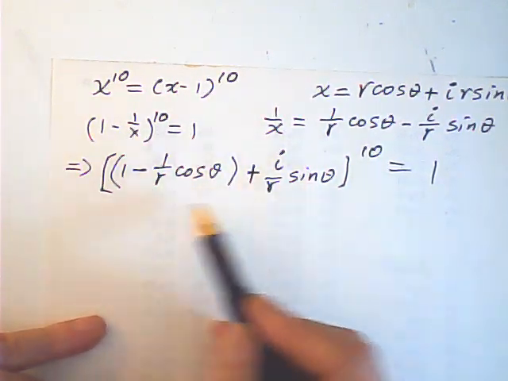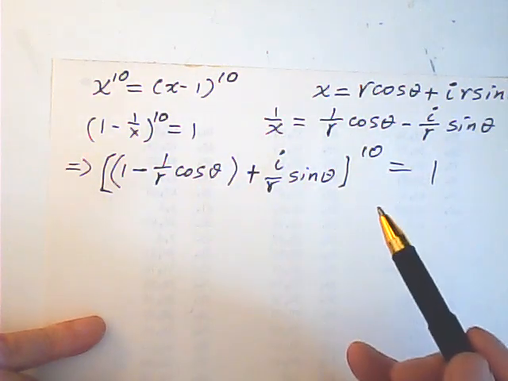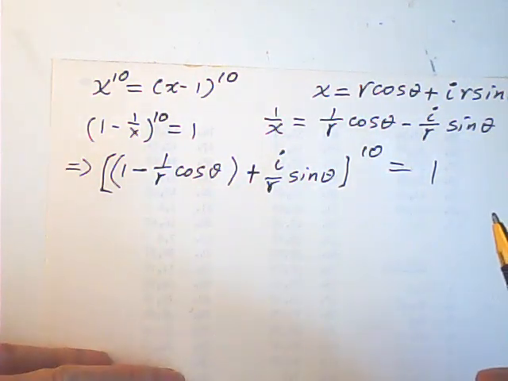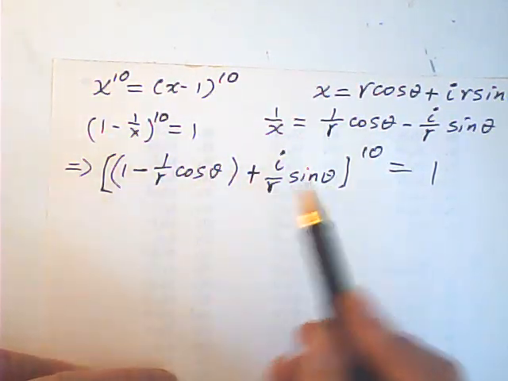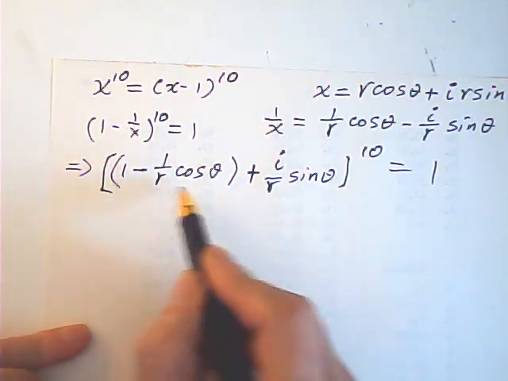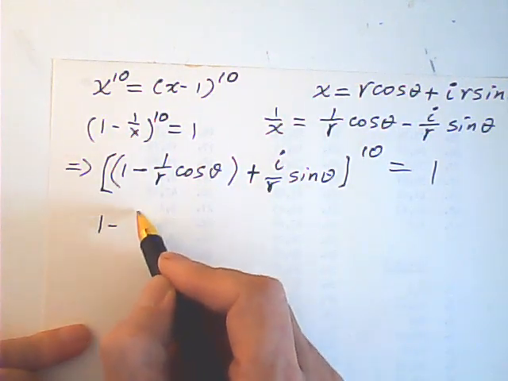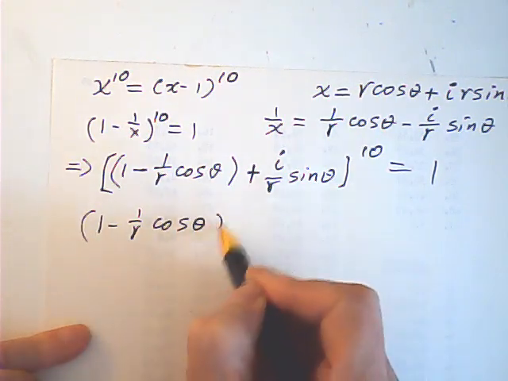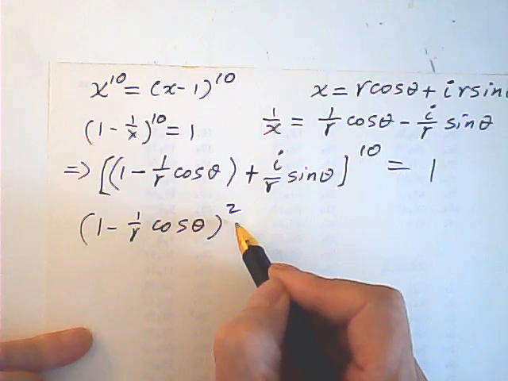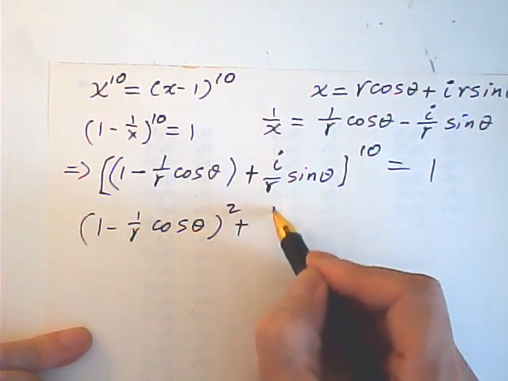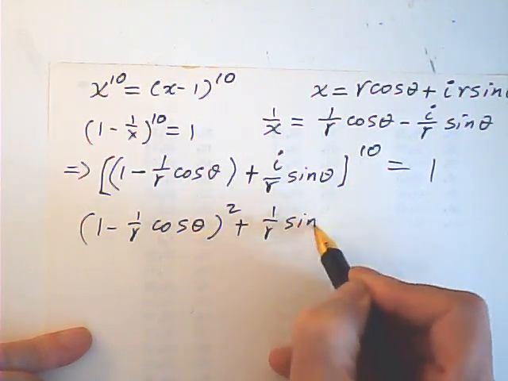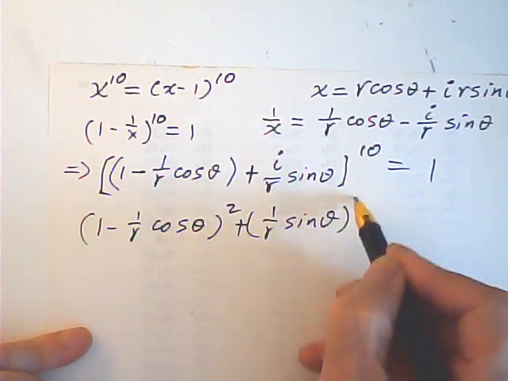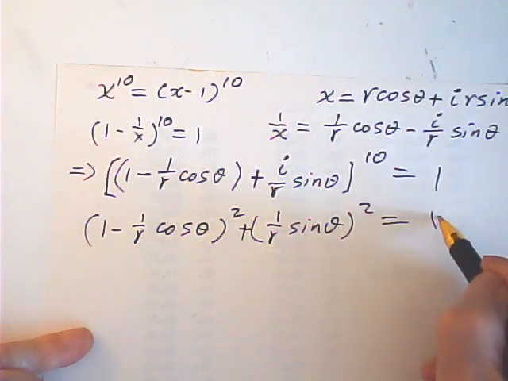Now, this means that this complex number to the 10th power equals 1. Therefore, the modulus, the norm, of this complex number must be 1. Therefore, the real part, 1 minus cosine theta over r, squared, plus the imaginary part, sine theta over r, squared, must be equal to 1.